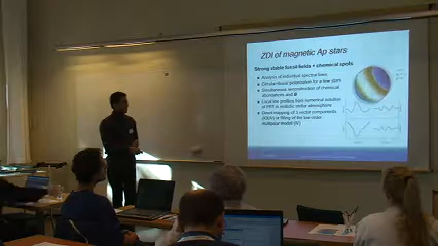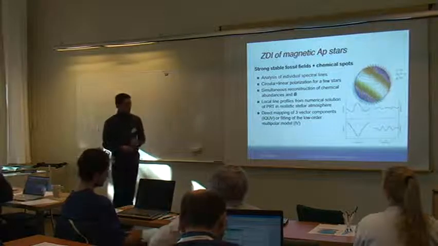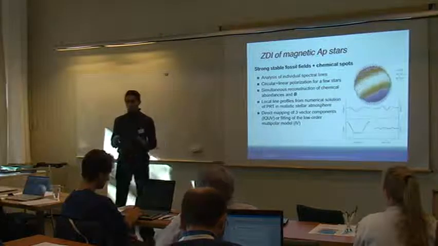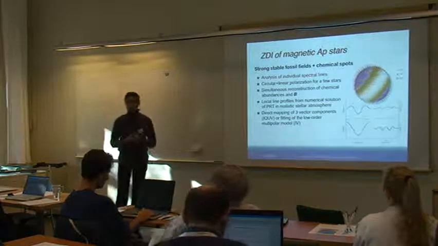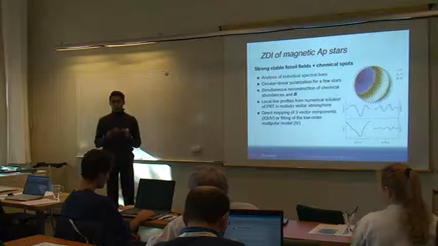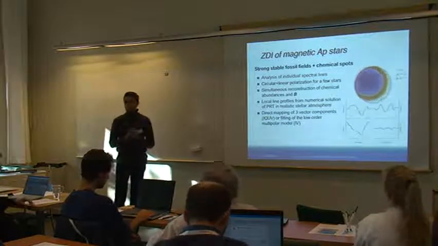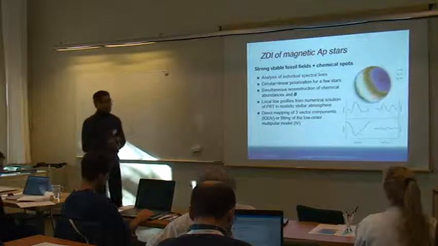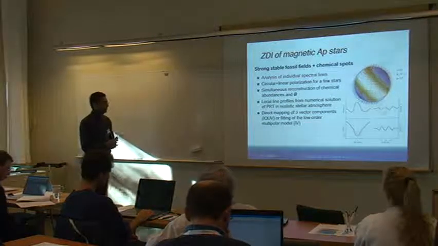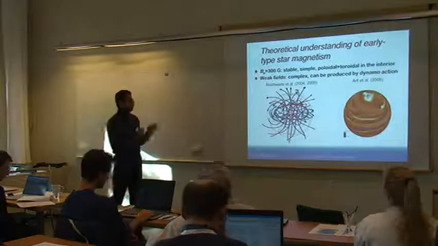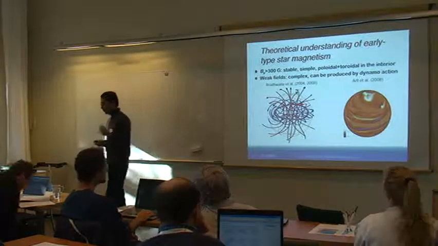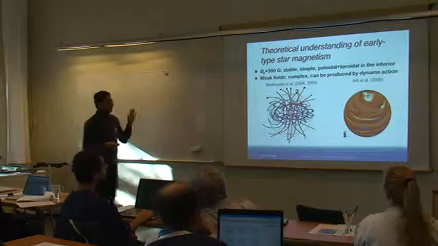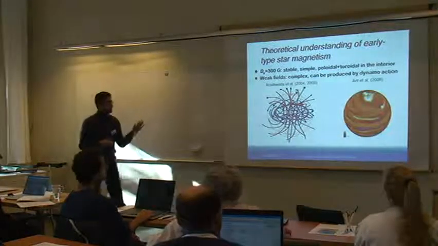However, if only circular polarization is available, we need to constrain the inversions more strongly, and for the early type stars, what people usually do is assume that their field is described by the low order multipole and then fit parameters of this multipole. This slide is supposed to give a very brief overview of current theoretical understanding of early type star magnetism.